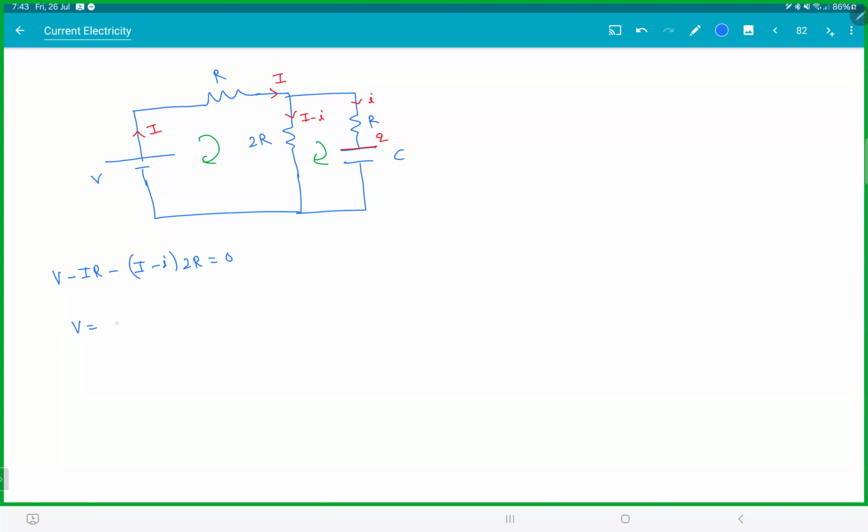So we get V is equal to 3IR minus 2iR. The second loop: minus IR minus Q by C plus I minus i R equal to 0. What I don't want is capital I. So IR is V plus 2iR by 3. Dump it here: minus 2iR minus Q by C plus iR is V plus 2iR by 3.